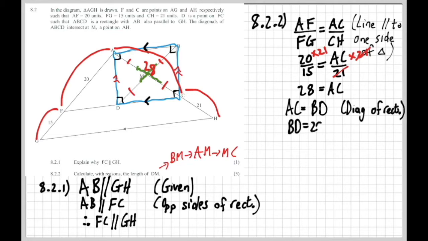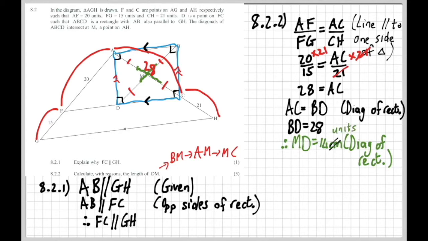And therefore BD is also 28. And therefore MD is 14 centimeters. And our reason is diagonals of a rectangle. Now, my apologies for using centimeters here. That's not right. That is actually units.